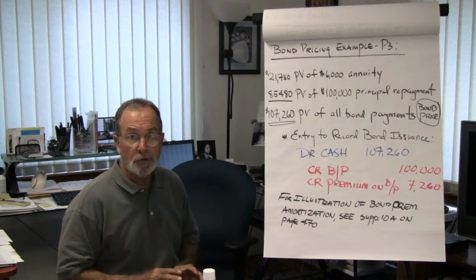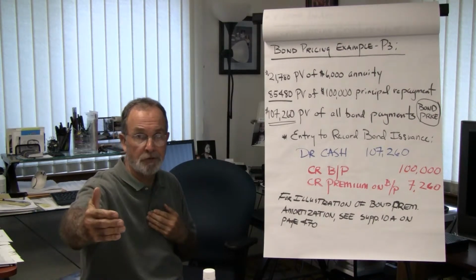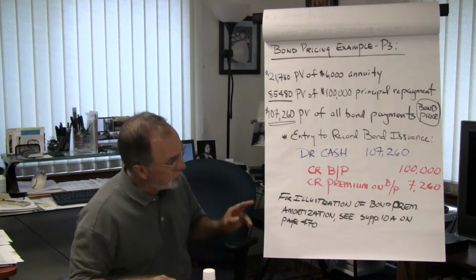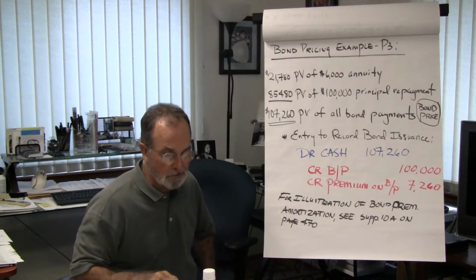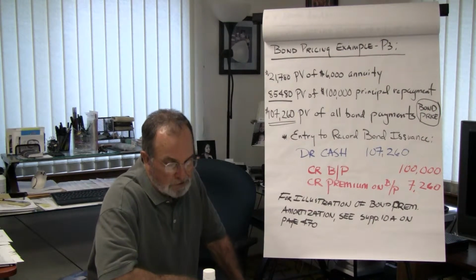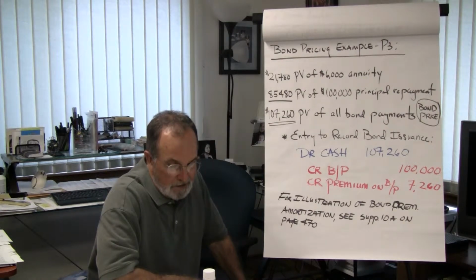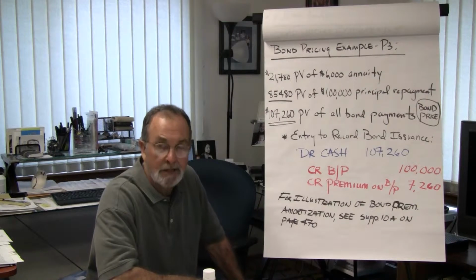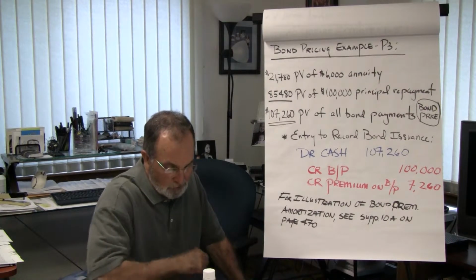How does this work over the next 4 years for us? Well, if we were to refer to page 470 in the text, supplement 10A, I'm looking at straight line amortization of the bond premium.